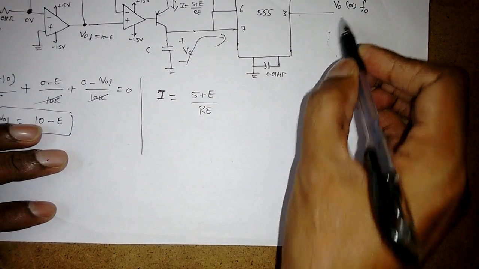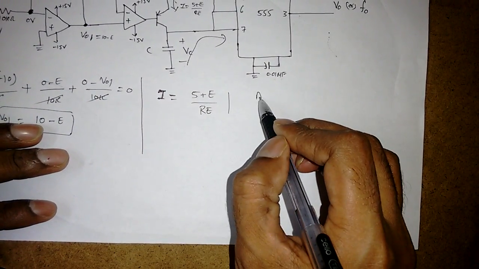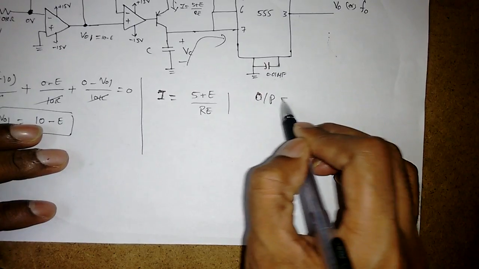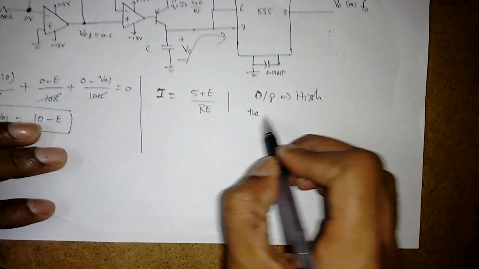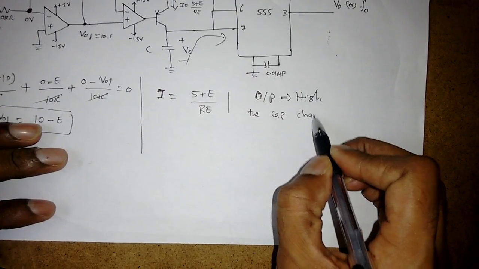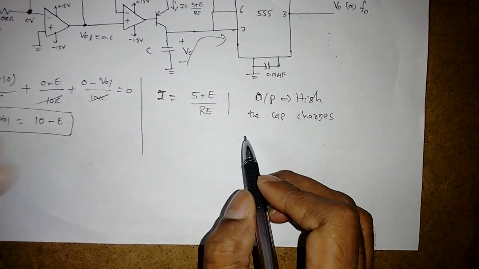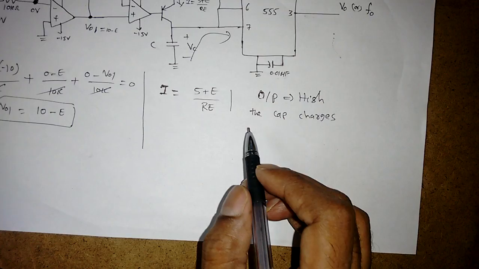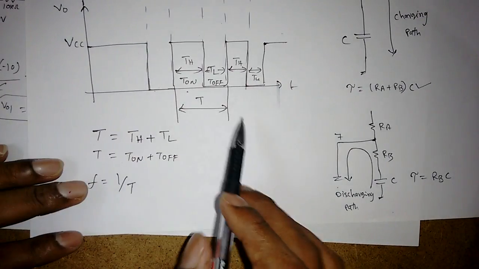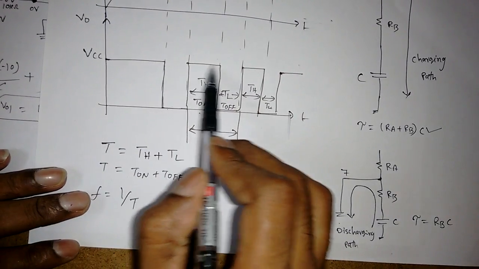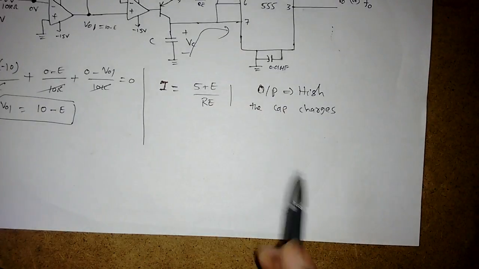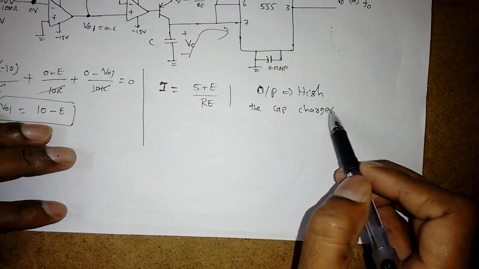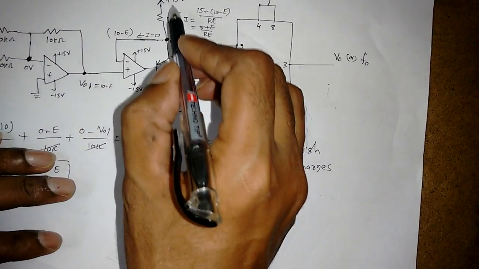So depending on the output, that is, when output is high, the capacitor charges, as we have seen in the stable operation, right? So again I am showing, whenever output is high, the capacitor is charging through this path.